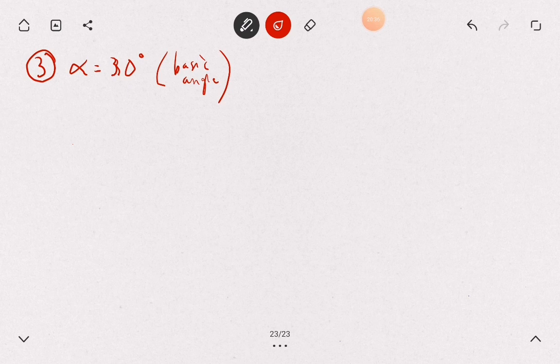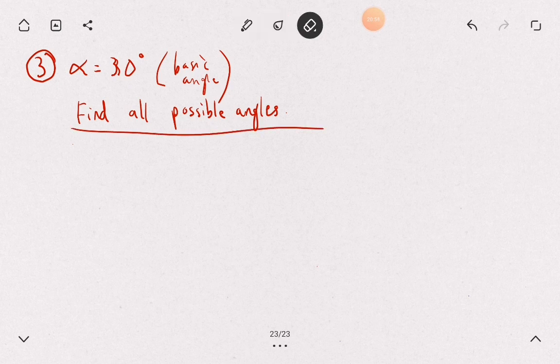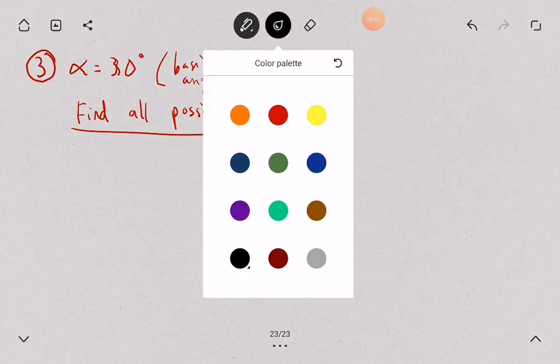Now what you need to do is find all possible angles. Here there are two things that you need to do.